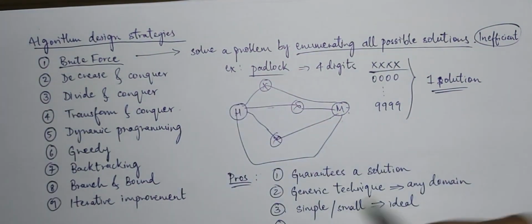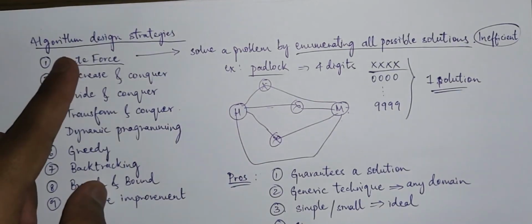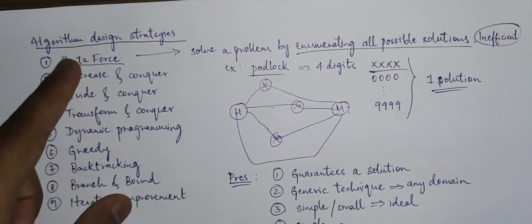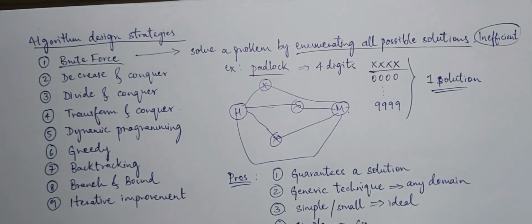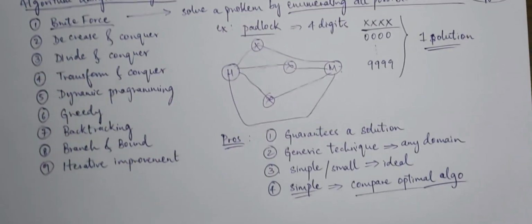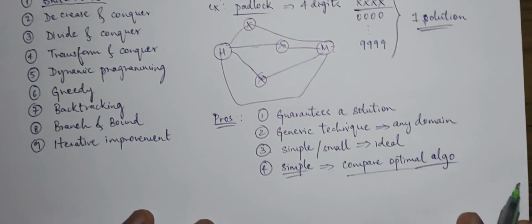The algorithm which employs it is usually simple, and hence we can use it to compare other optimal algorithms. You can come up with a brute force algorithm, take it as a benchmark, and then optimize the algorithm further.